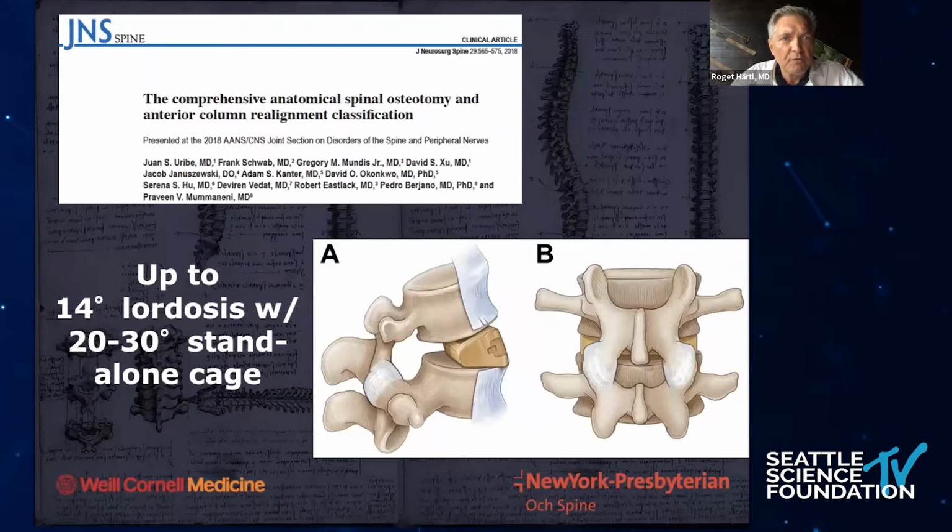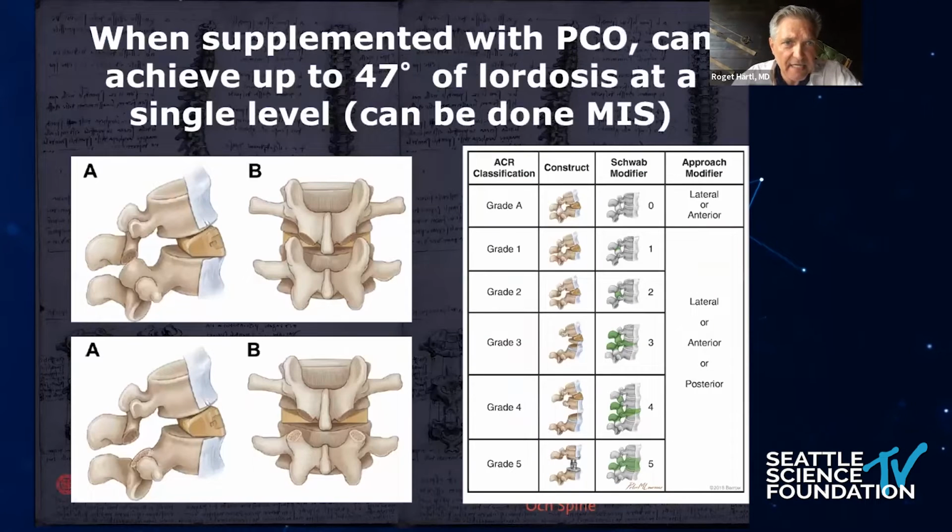Now, Juan Uribe, Momonemi, several others, you see it here, have published results using hyperlordotic cages with and without ALL release. But especially with ALL release, you can achieve very significant amounts of lumbar lordosis, and there are different types of surgical techniques that can allow you to maximize that by removing the facet joint, or doing various types of open procedure or mixed open procedures in the back, or even MIS.